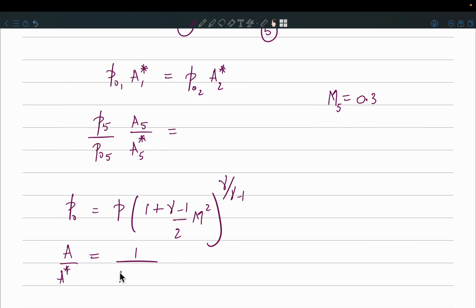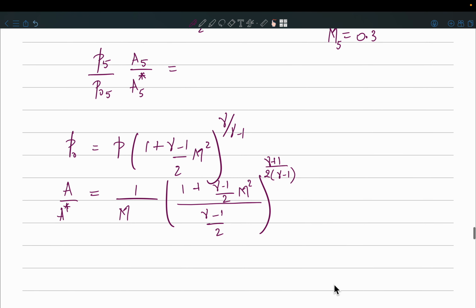One divided by M, gamma plus 1 divided by 2 times gamma minus 1. This is right, isn't it? So please go ahead and calculate P naught by P and A by A star when Mach number is given, and tell me this value.